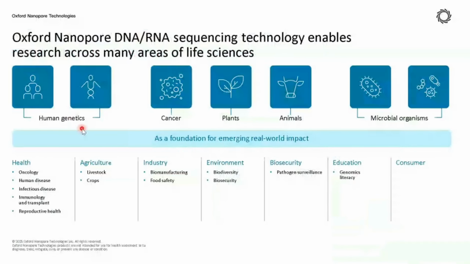Oxford Nanopore technology can be used for the sequencing of DNA or RNA, so it's suitable for human genetic sequencing, cancer study, even plant genomics, transcriptome, animal, and microbial work. It doesn't matter whether it's big or small, nanopore can be used for sequencing genomic DNA or transcriptome. In terms of relevant fields, nanopore can be used in healthcare clinical settings, for example hospitals, for diagnostics and the detection of pathogens.